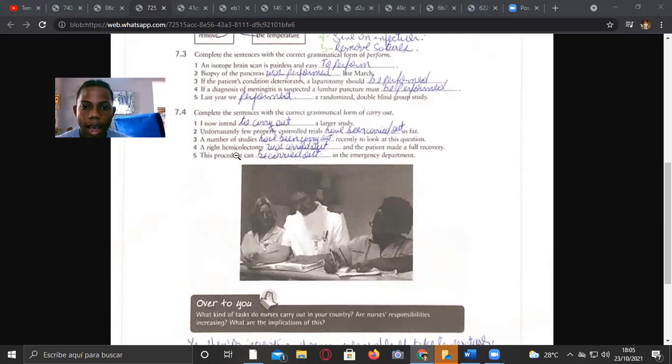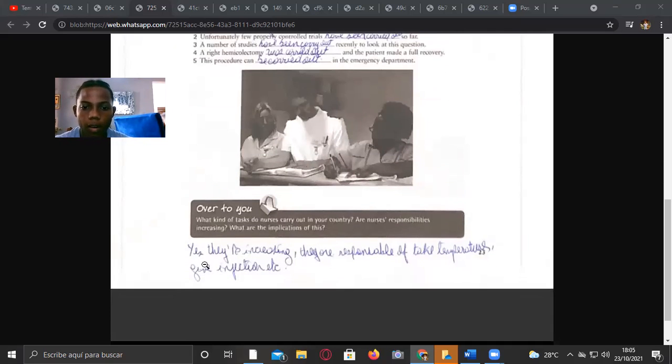All right, a colectomy was carried out and the patient made a full recovery. This procedure can be carried out in the emergency department. What kind of techniques are carried out in your country? Yes, they're increasing and they're responsible for taking temperature, irrigation, and dressings.